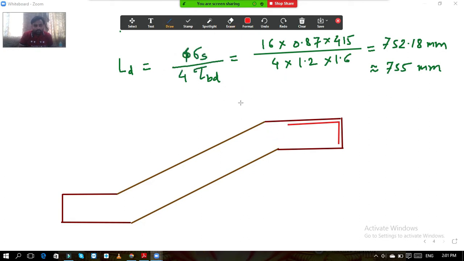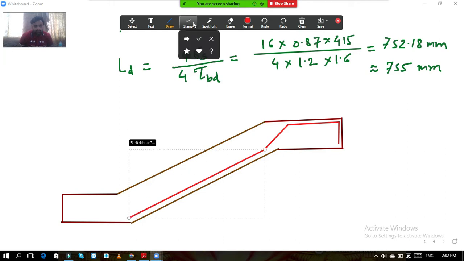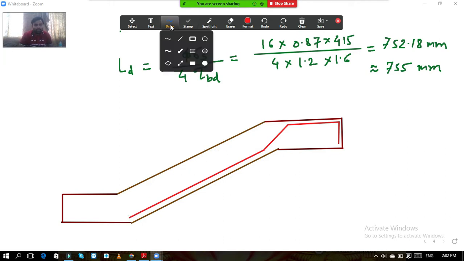We will draw it again. It bent like this, and after that it will move straight up to this point. Okay. Now further, this bar is continued.